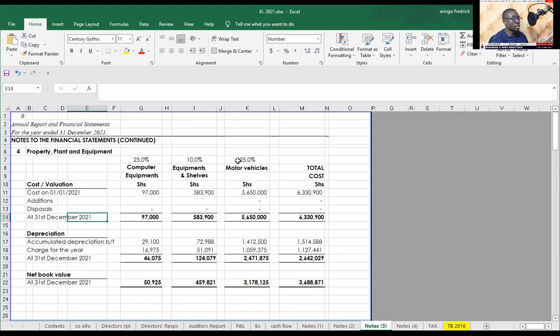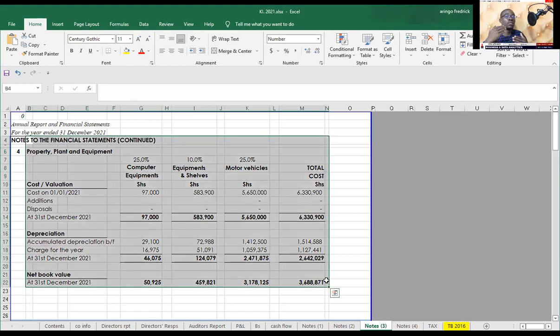So you'll find that this is how we're going to prepare our wear and tear allowance schedule, that is practically PPE and equipment, so that at this point, this is whatever the organization is preparing in terms of their property, plant, and equipment movement schedule, which I believe you studied in your financial reporting or financial accounting.